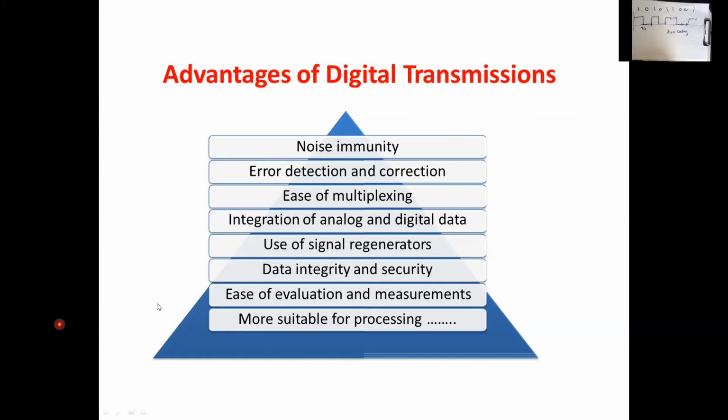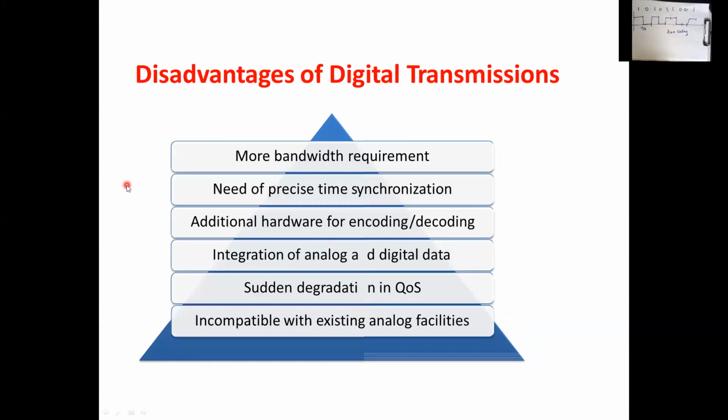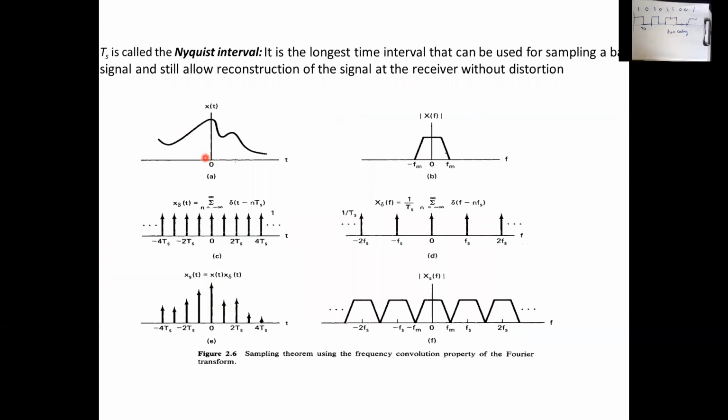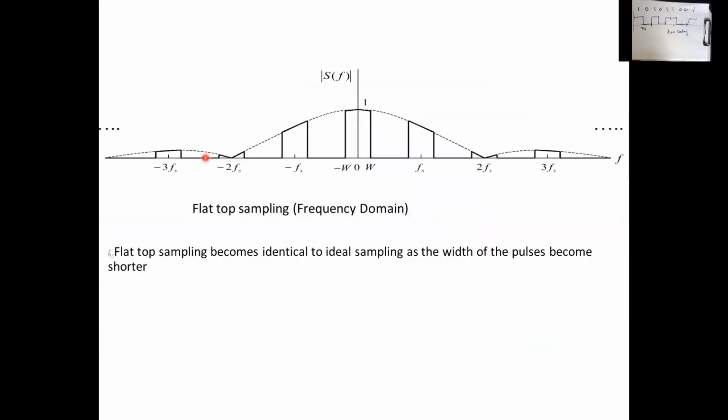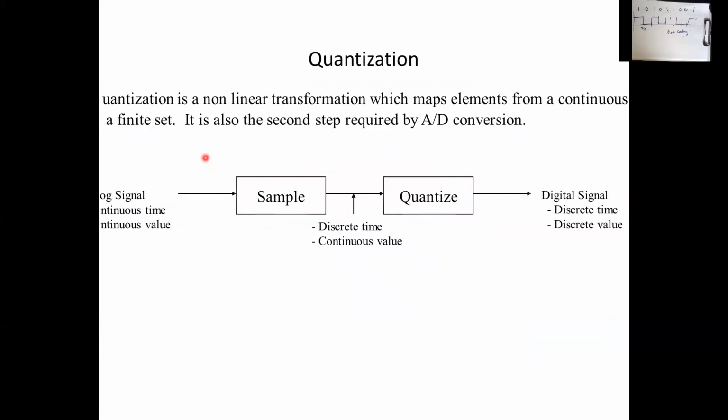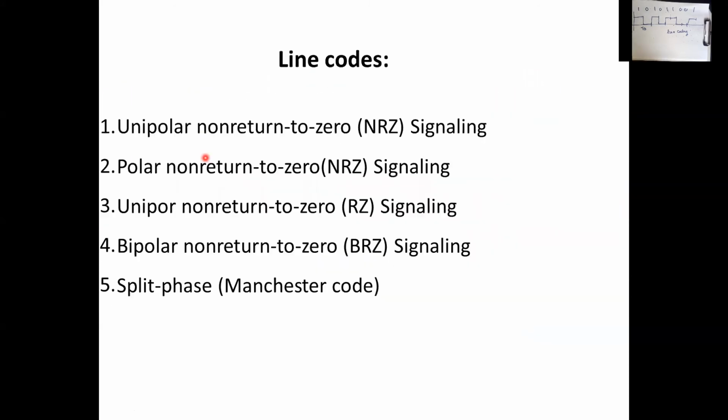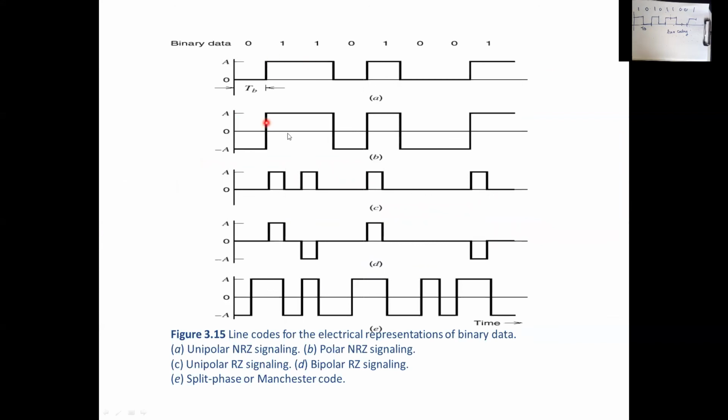However, we already have a disadvantage, which is the higher bandwidth requirement. You can easily recognize it, because whenever you are dealing with a digital signal, you should expect sharp edges. And as we already discussed together, sharp edges mean high frequency components.